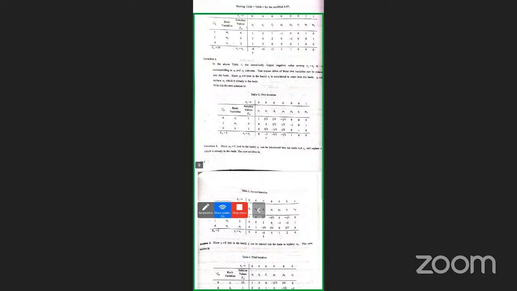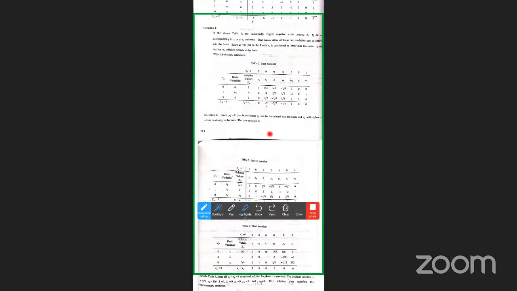Next 2 by 3. So in these, the minimum value is nothing but here 3 by 2. First one 2. Next 4 by 3. Next 2 by 3.